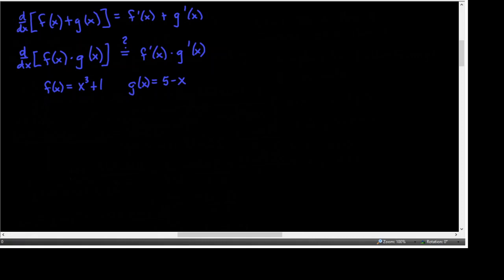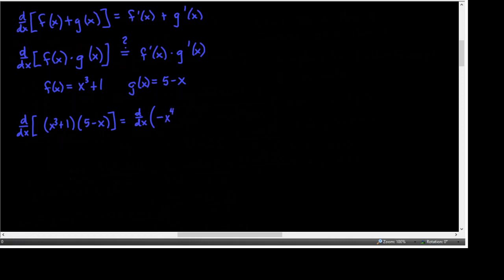So let's do the left-hand side of that problem. What's the derivative of x cubed plus 1 times 5 minus x? Well, if we follow the order of operations, we should do the multiplication inside of the parentheses first. So x cubed times negative x is negative x to the fourth.